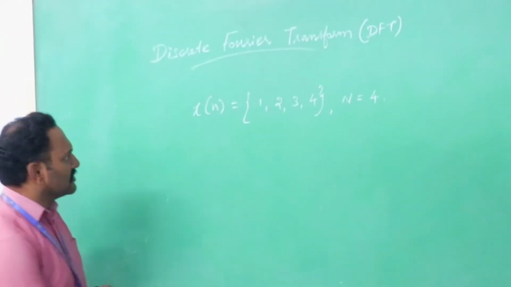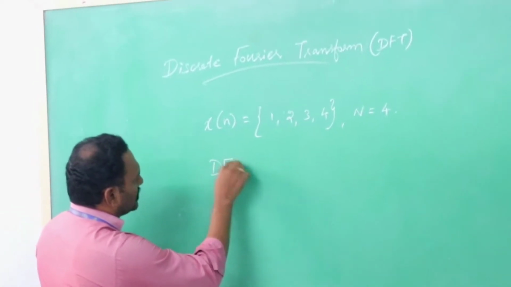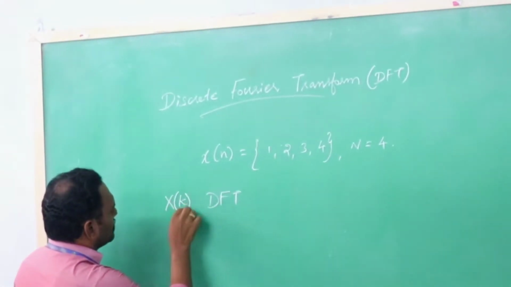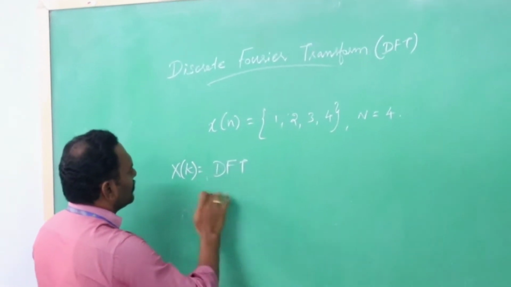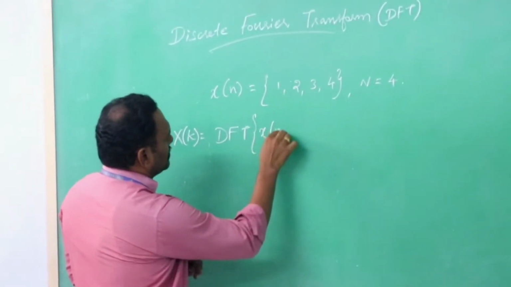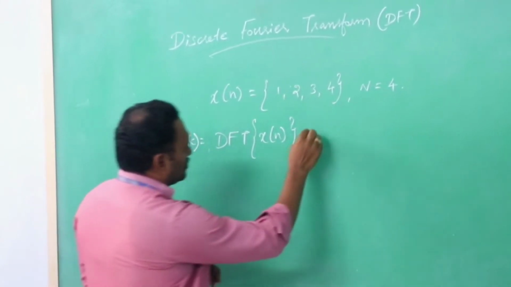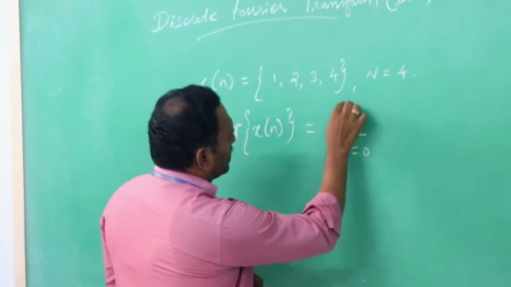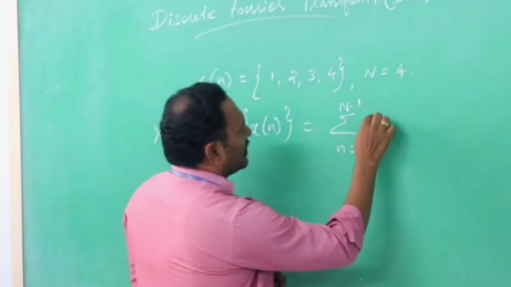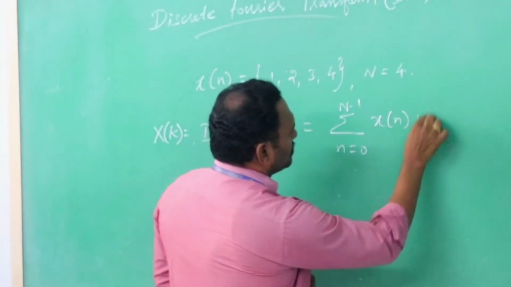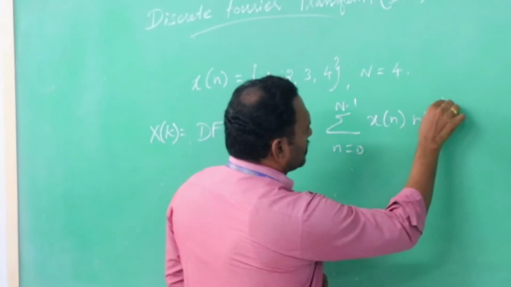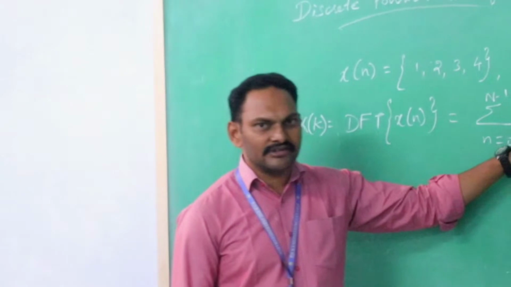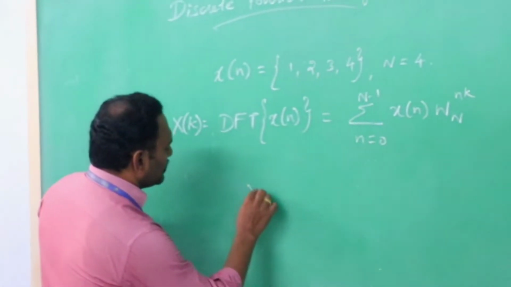From the definition of DFT, X of k is equal to DFT of x of n, which is equal to the summation from n equal to 0 to N minus 1 of x of n into W N to the power n k.